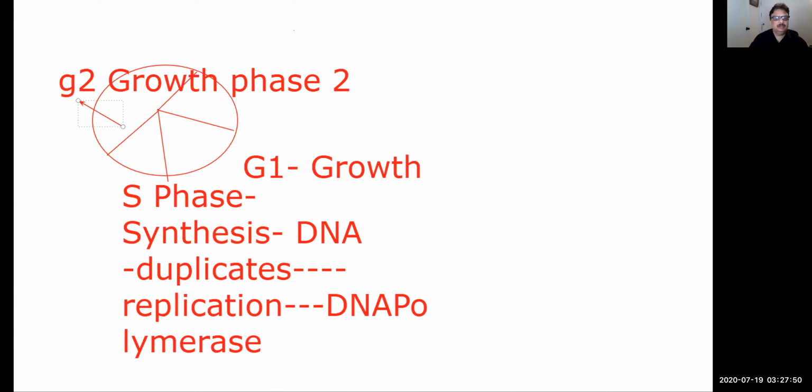Then the remaining is called the M phase. M phase means mitotic phase.